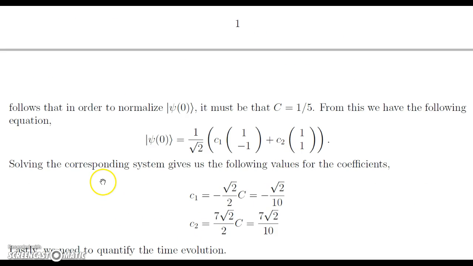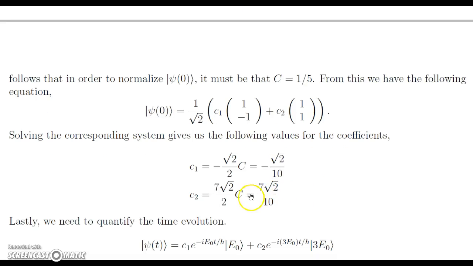And when we do that, we can solve that corresponding system, and this will give us the following values for the coefficients C1 and C2. We get C1 is equal to negative root 2 over 2 times C, and if we plug in C equal to 1/5 as we're given here, we have negative root 2 over 10, and similarly for C2 we get 7 times root 2 over 2 times big C, which is equal to 7 times root 2 over 10 when 1/5 is plugged in.